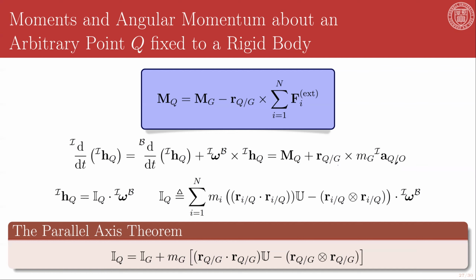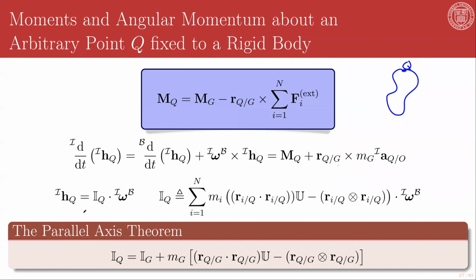And so if Q is not accelerating in inertial space, if, for example, I'm talking about a fixed point in space, like in the case of a compound pendulum, this is very common, I might have my point Q being the attachment point, then this will go to 0 because the fixed point Q is not accelerating in space.